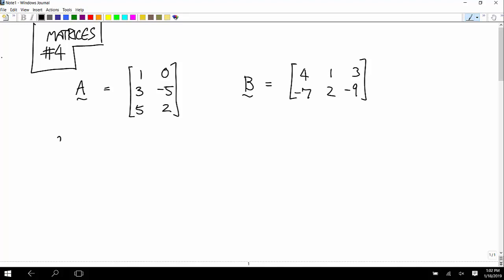Well, okay. So first, the size of A. The size is the number of rows followed by the number of columns. So A is size 3 by 2. B only has 2 rows and 3 columns, so B is 2 by 3.